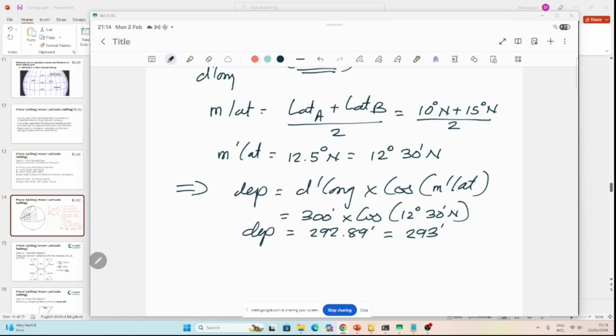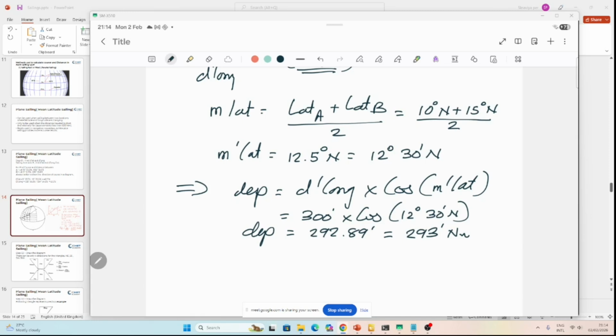So it's good that you write 293 nautical miles, but you always show at least one decimal place here. But if you're writing an angle, for example a course, it's always better you write the course with a full number. But if it is a quadrantal course, you keep the quadrantal course with one decimal place. Later on I will show you.